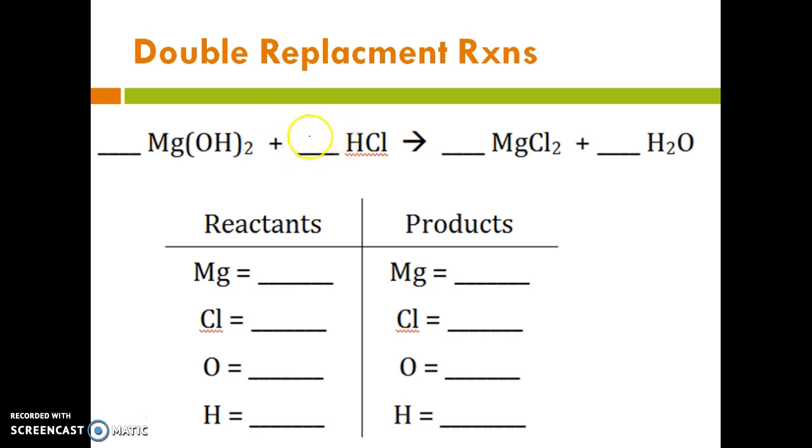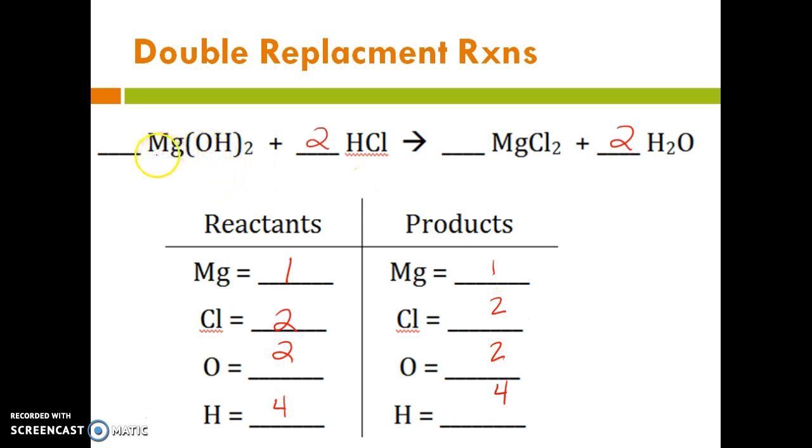All right, our answers here, we have 2 coefficient, and that should be, oops, sorry, and then 2 here. So our reactant and product atom count should be 1, 2, 2, 4, 1, 2, 2, 4. So this is double replacement.